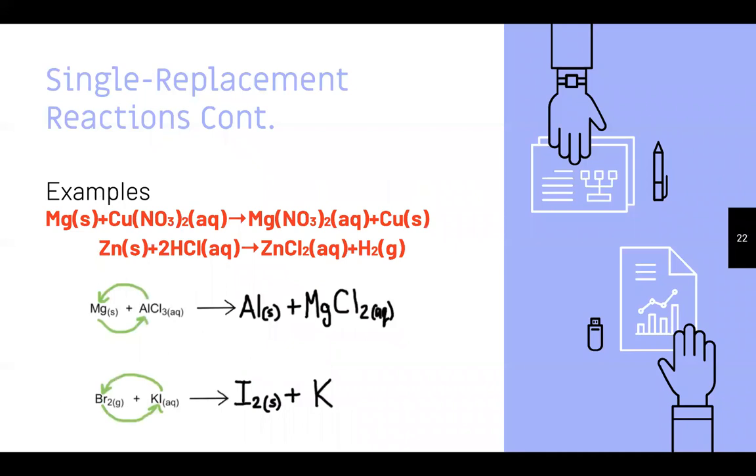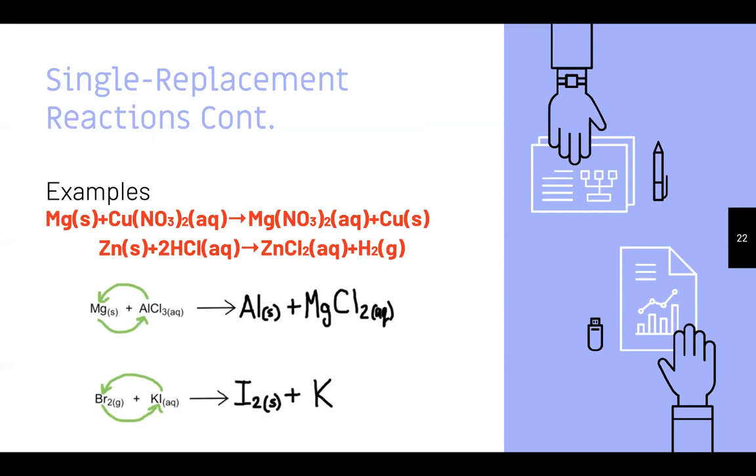Let's look at single replacement continued. Some figures down below, some examples I've given. You can also see those arrows showing the Mg takes the spot of the Al, and that means now the aluminum becomes by itself, and the magnesium goes to the chloride.